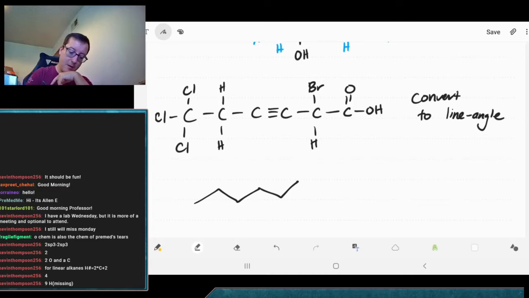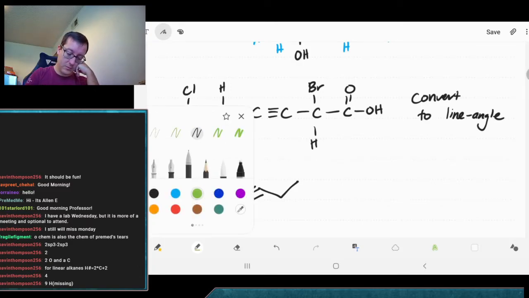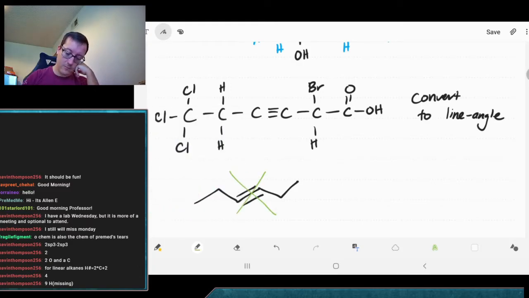So we have a triple bond here, right in the middle of our molecule. This is something we don't do because the triple bond has 180-degree linear geometry. And so when we're drawing triple bonds, we can't have these kind of weird angles coming out of them.